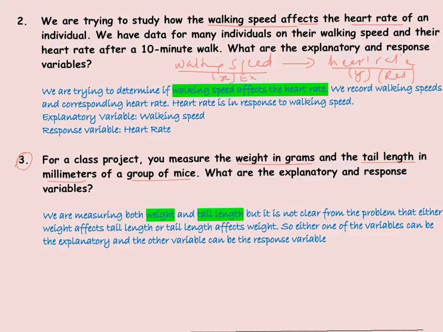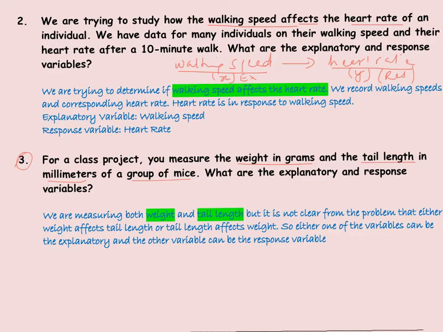Here it's not clear why the weight of the mouse should affect the length of the tail. If the weight is high, does it really make the tail length large or small? It's not very clear that there is a fixed explanatory variable and a clear-cut response variable.